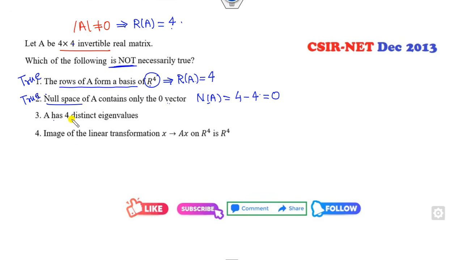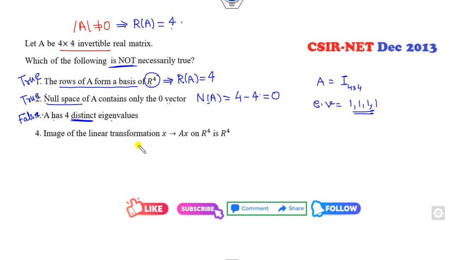A has 4 distinct eigenvalues. Distinct, that is not true. If I simply choose A equal to I, a 4 cross 4 matrix, it is an invertible matrix. What are the eigenvalues of A? They are not distinct, but it says distinct. This is the false statement.